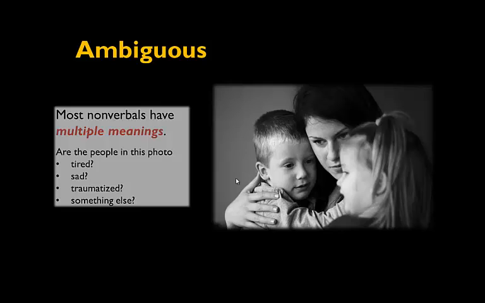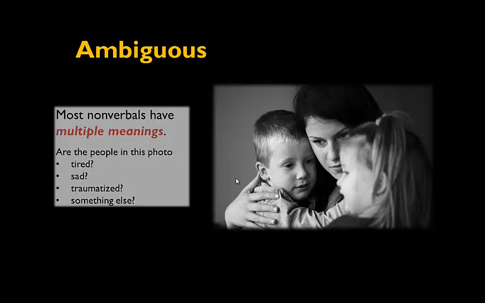Is she tired? Is she sad? Has some trauma happened that she's processing, or is it something else? That particular combination of nonverbals, in particular the eye contact, could have multiple meanings.